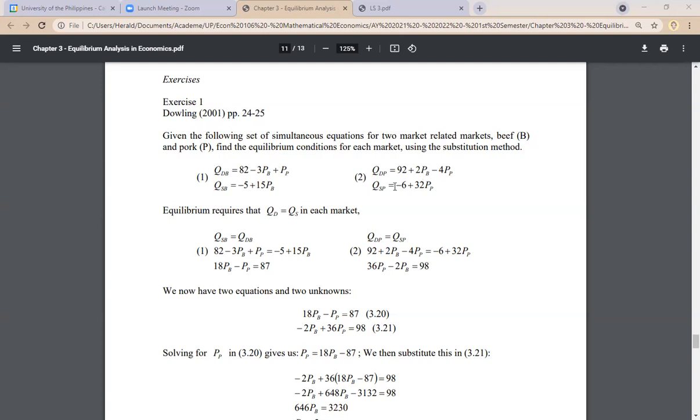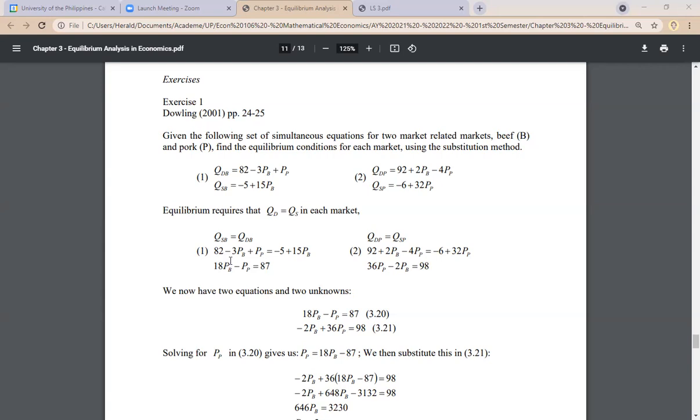The second model here discusses the demand function for pork, and we also have the supply function for pork as well. The equilibrium condition requires us to equate both functions in each market, starting off with the market for beef. So in this case, we just equate these two equations and then we simplify into a single equation here.